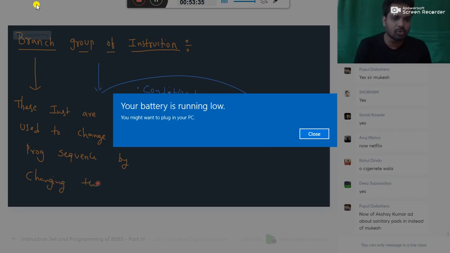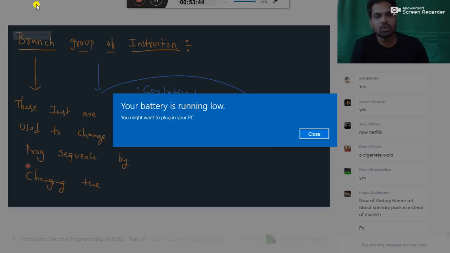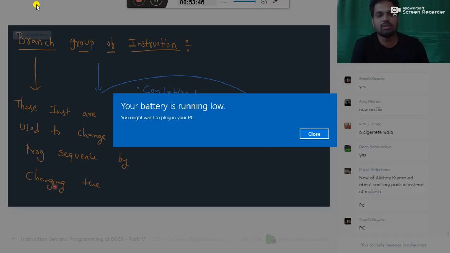Who will take care of the program sequence? The program counter. So this is what we call the branch group of instructions.